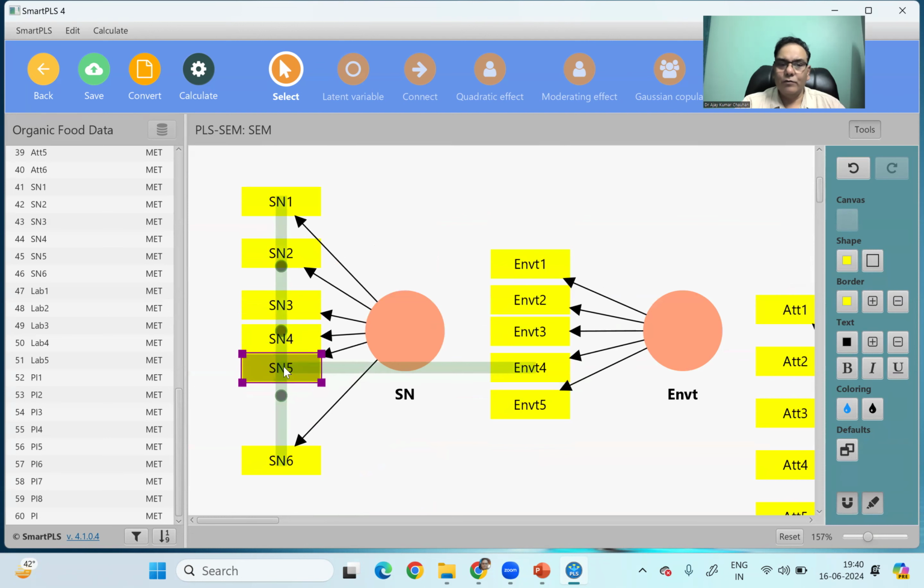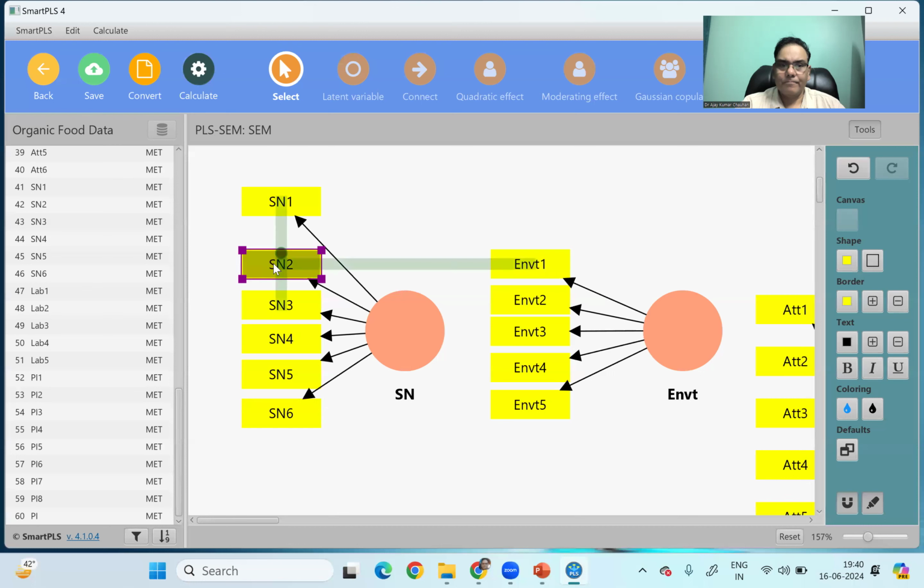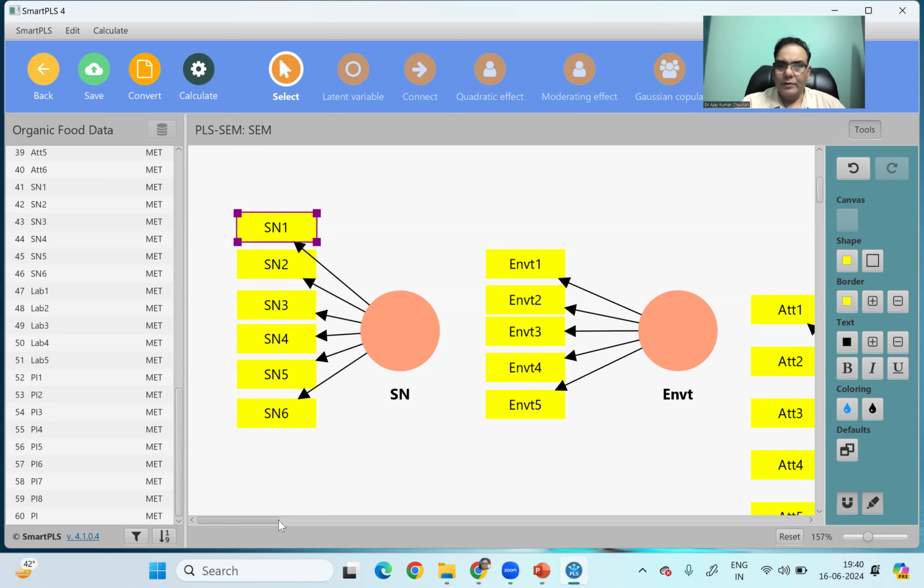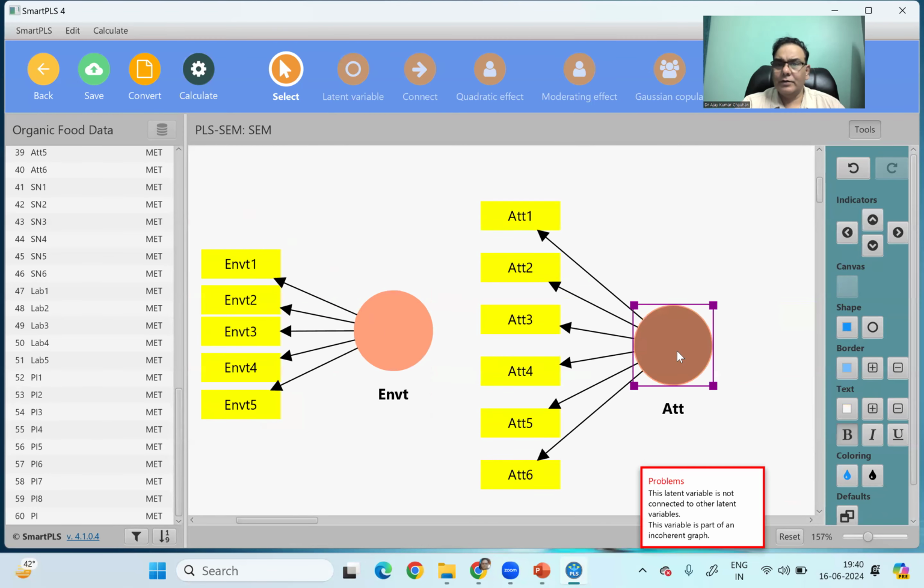The movement you have to do one by one. And finally, the attitude, I think it is last.